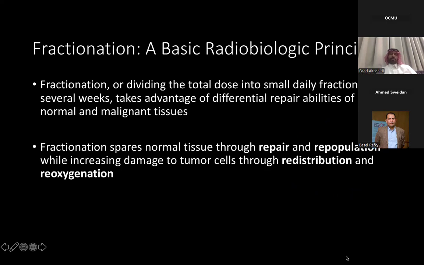And we call it fractionation. Our treatment is extended over several weeks, if not months. Typically for cervix cancer, we give 25 fractions, meaning fractionated daily treatment, and also limited fractionation during palliative therapy.